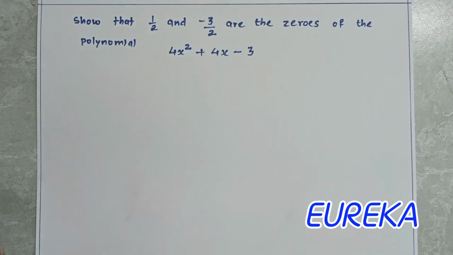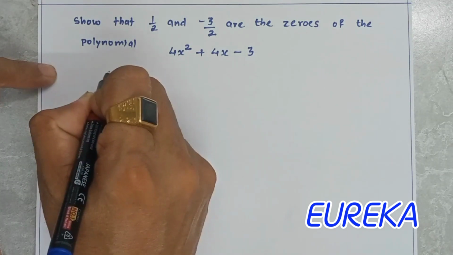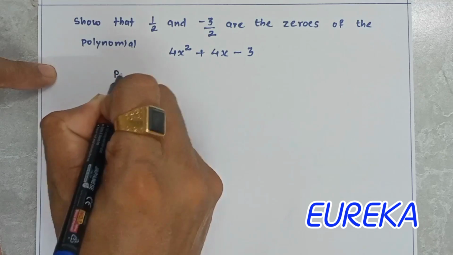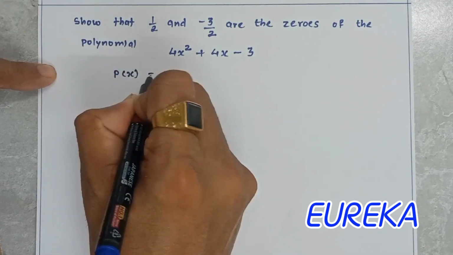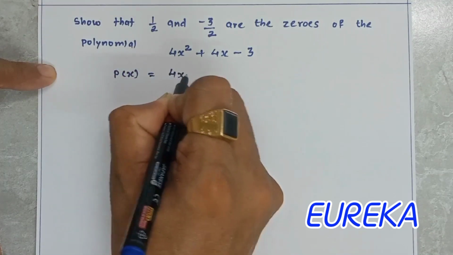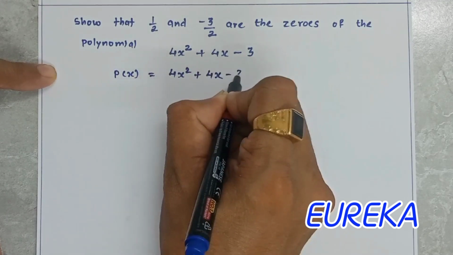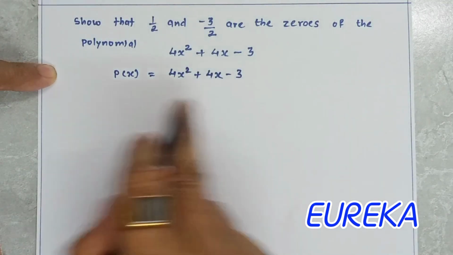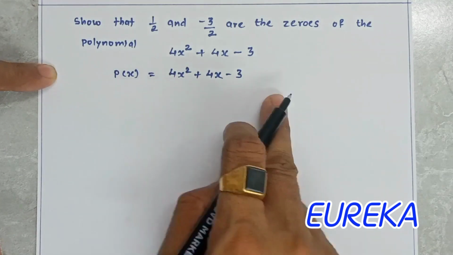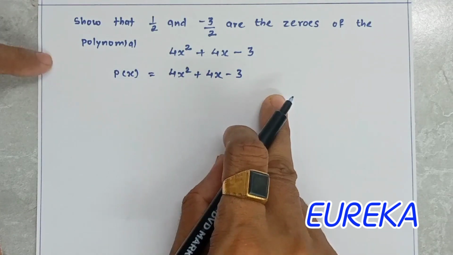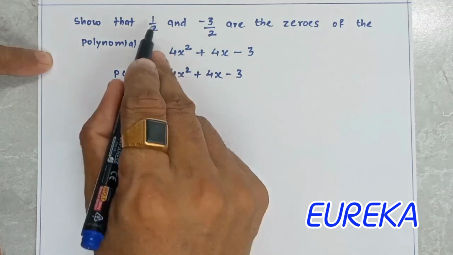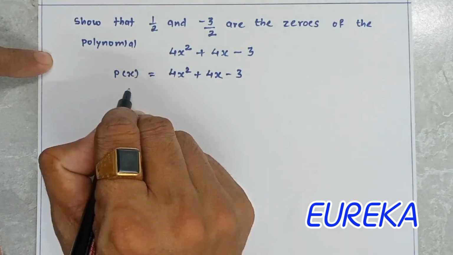The same way, we will consider p of x equals 4x square plus 4x minus 3. Then we will substitute this value in place of x.